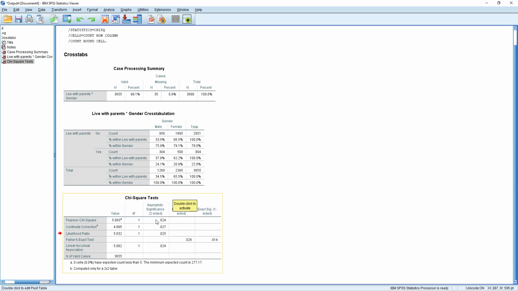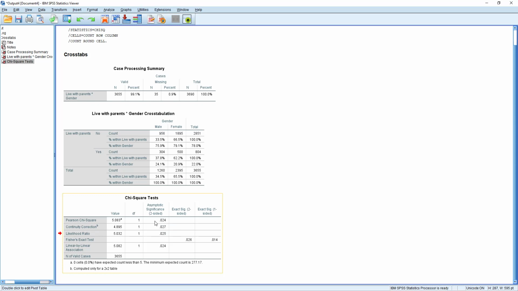Just to give you another way of interpreting that, if we go to the 90% significance, that's basically telling us that if we did this survey 10 times with 10 different sample populations, 9 times out of 10, we would find the same relationship between gender and living at home. 9 times out of 10, we would find more male students living at home compared to female students.